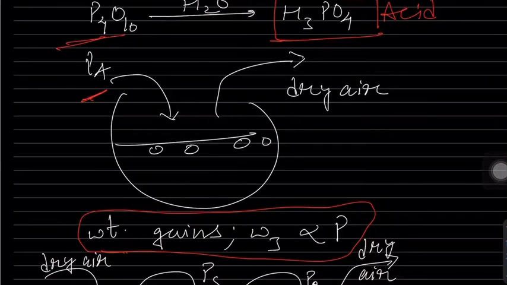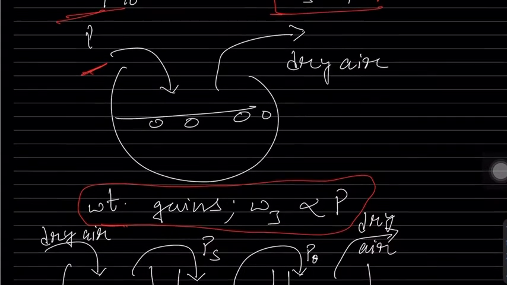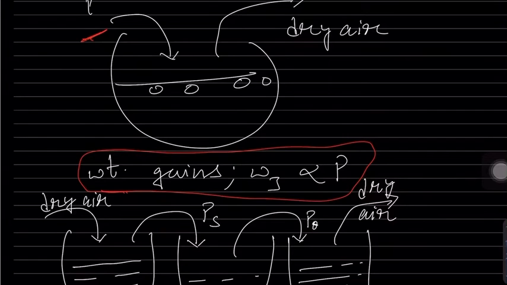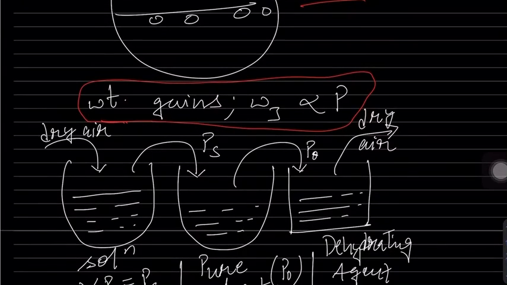So here we are not writing PA or PB, we are writing P. Let us say the air comes at a pressure P and it has lost some weight, so obviously it is going away as dry air. So we will write simply W3 is directly proportional to P.